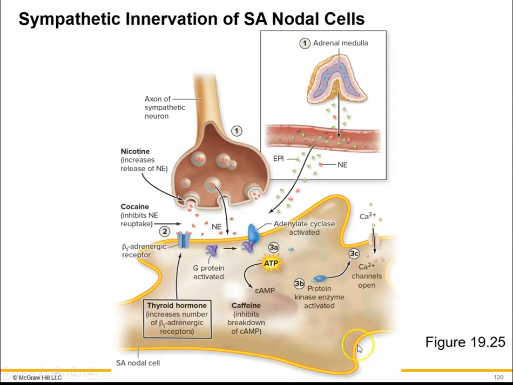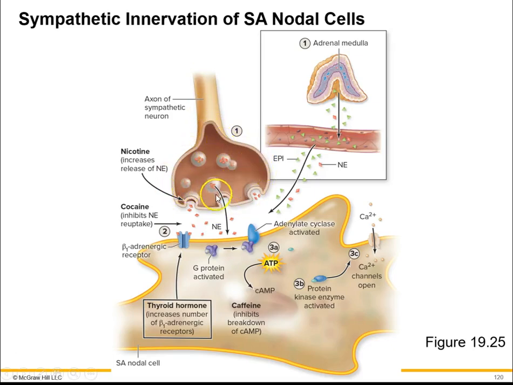All right, and this is just kind of showing you what we talked about with the positive chronotropic agents. So here's your SA nodal cell. Here's the cell membrane, and you'll see it has a beta-1 adrenergic receptor in it. Here is an axon of the sympathetic neuron. Here's the synaptic knob.